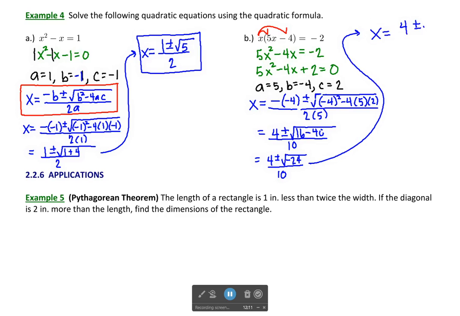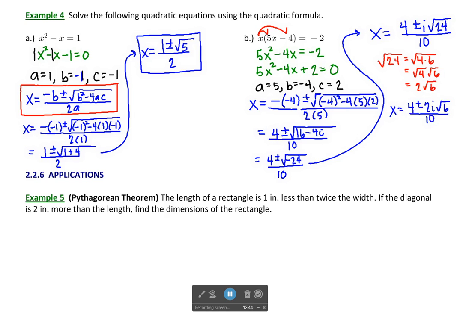We can say 4 plus or minus i square root of 24 divided by 10. Now let's work on reducing the square root of 24. So I'm going to think of the square root of 24 as the square root of 4 times 6. So we can break up our radical and obtain 2 square root of 6. So back to our solution, we have 4 plus or minus 2i square root of 6 over 10.